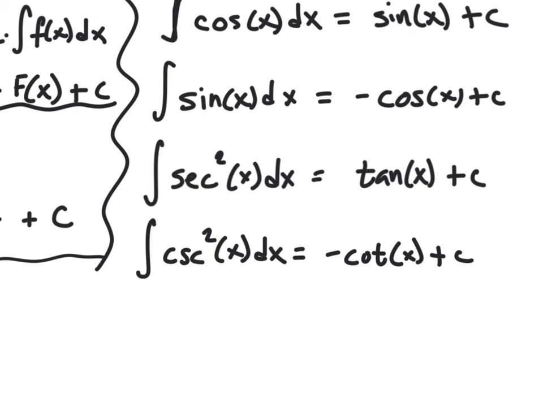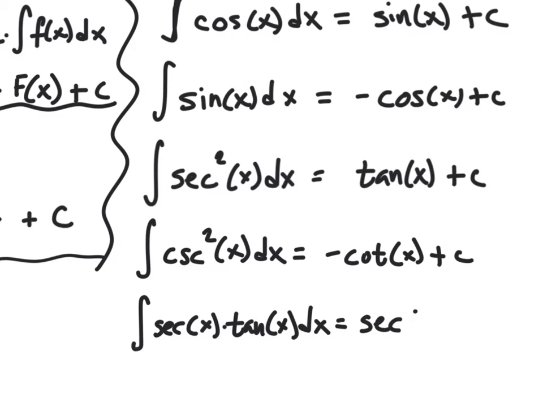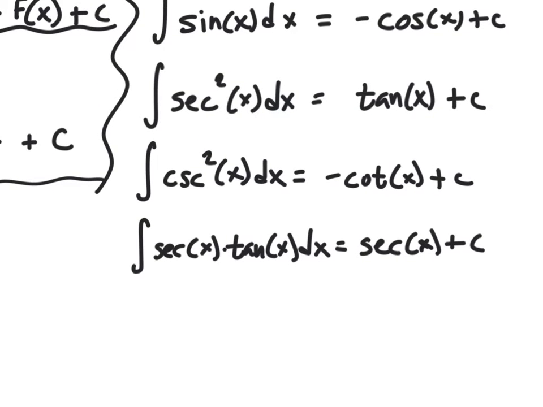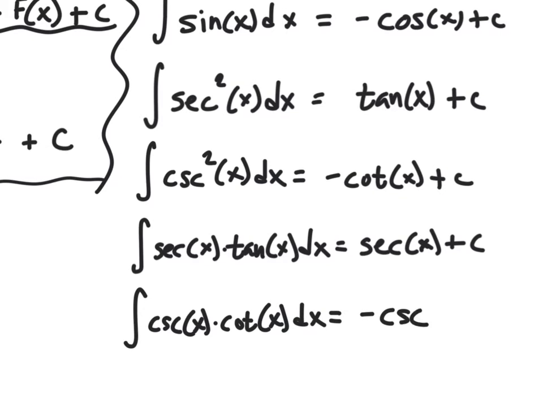If we took the antiderivative of secant x times tangent x dx, then that's just going to give us secant of x plus c. And if we took the antiderivative of cosecant of x times cotangent of x dx, that's going to give us negative cosecant of x plus c.